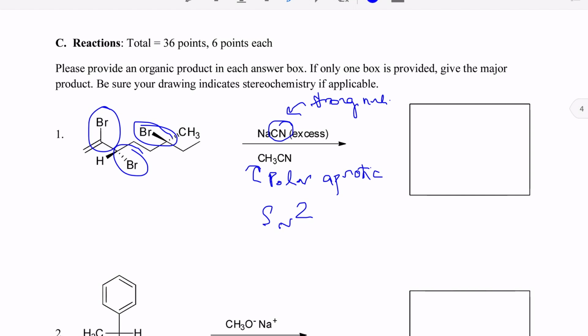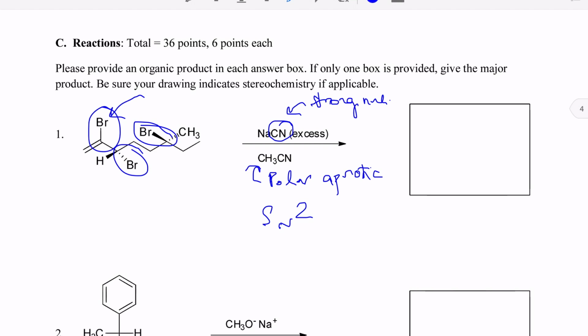stays. So since this is a substitution reaction and specifically an SN2 reaction, we can go ahead and immediately see that this bromine doesn't work because it's attached to a carbon that is sp2 hybridized. And sp2 hybridized carbons cannot undergo SN2 reactions.